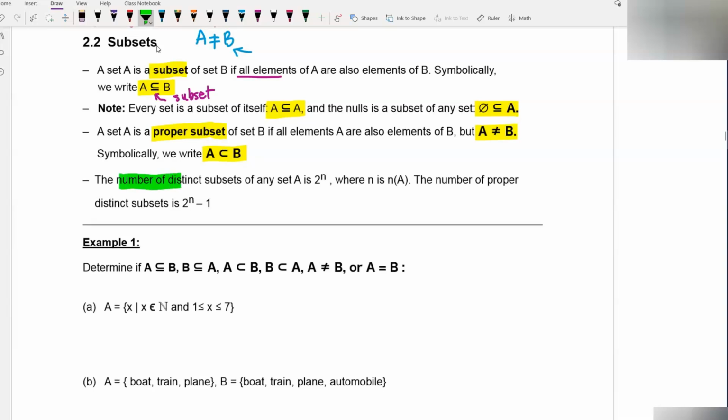The number of subsets of any set is 2 to the nth power, where n is the number of elements in set A, or cardinality.